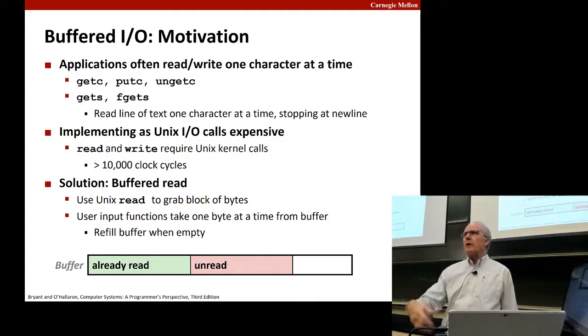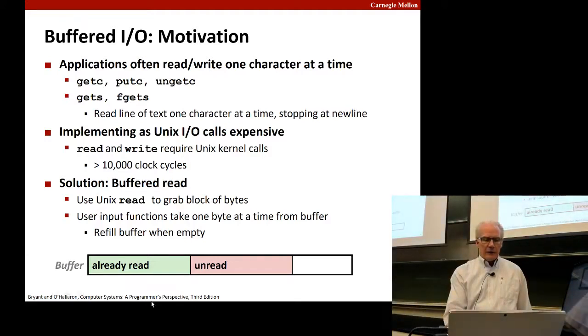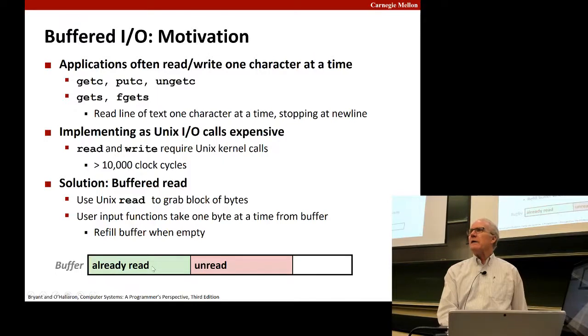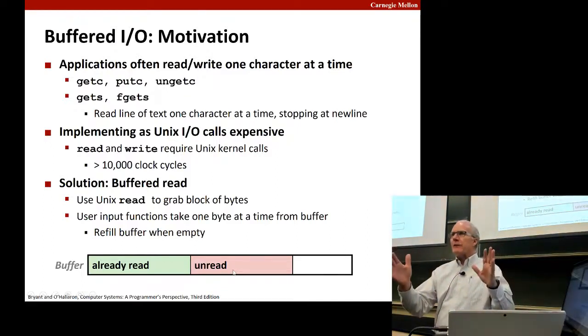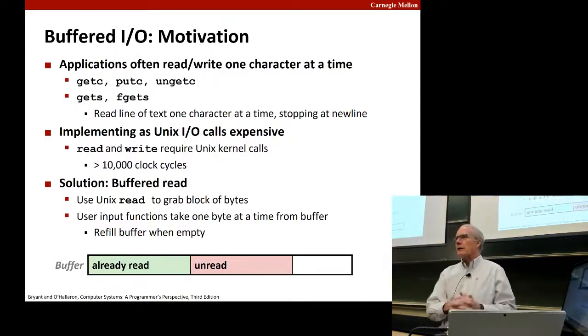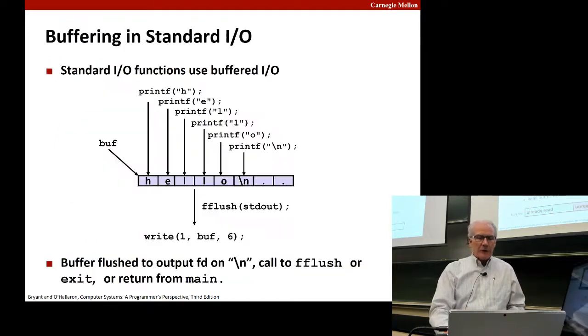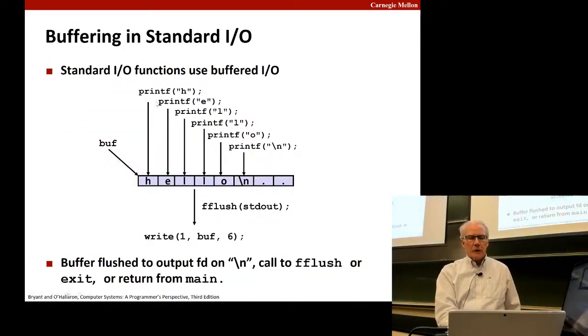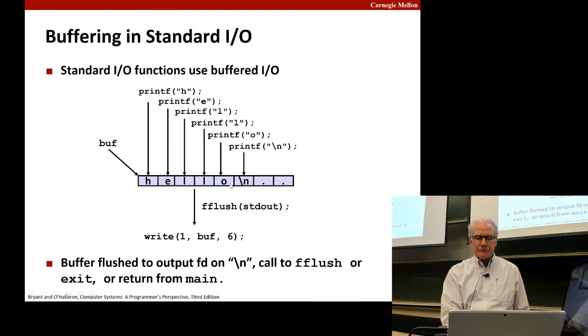The same thing goes with output, but instead of read, say written. So some is already written, but there'll be other characters that I've put in this buffer but haven't pushed out onto the actual file yet. As an example, if I do a printf of one character at a time, actually all it will do is accumulate all that string in a buffer.